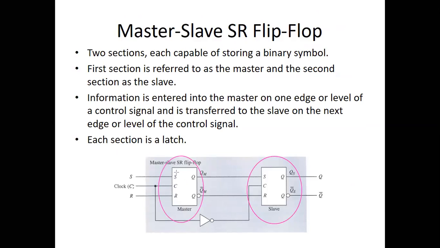Information will be entered into the master on the positive clock cycle, and we'll get the output from the slave during the negative clock cycle. So here I'm using clock pulses. The master is working as a latch and the slave is also working as a latch. Until we speak about edge triggering, they will always work as latches.